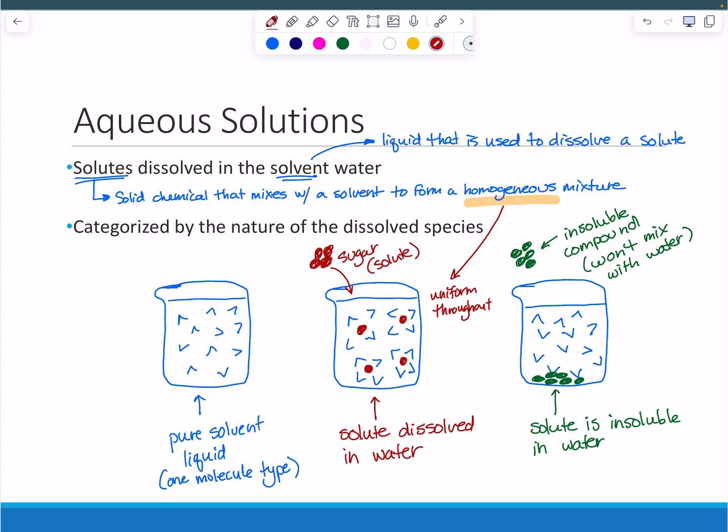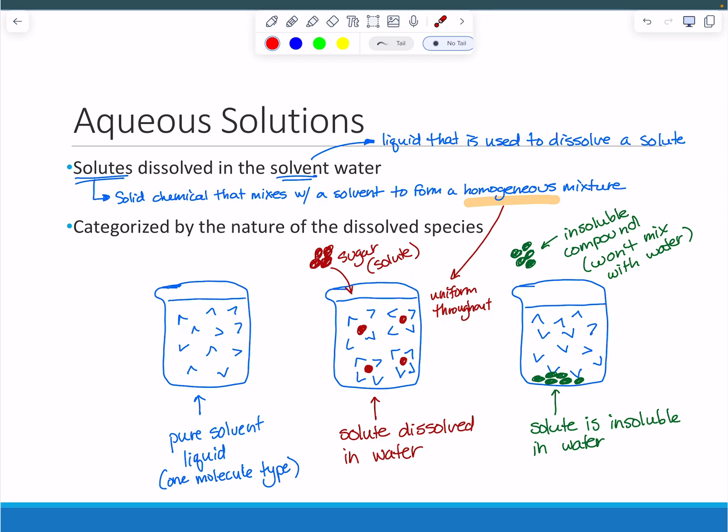It's good for iced tea because you can put a little squirt of this pre-dissolved sugar and it will mix quickly into your iced tea, whereas if you tried to put a packet of solid sugar in, it would take a while to dissolve in your cold tea.